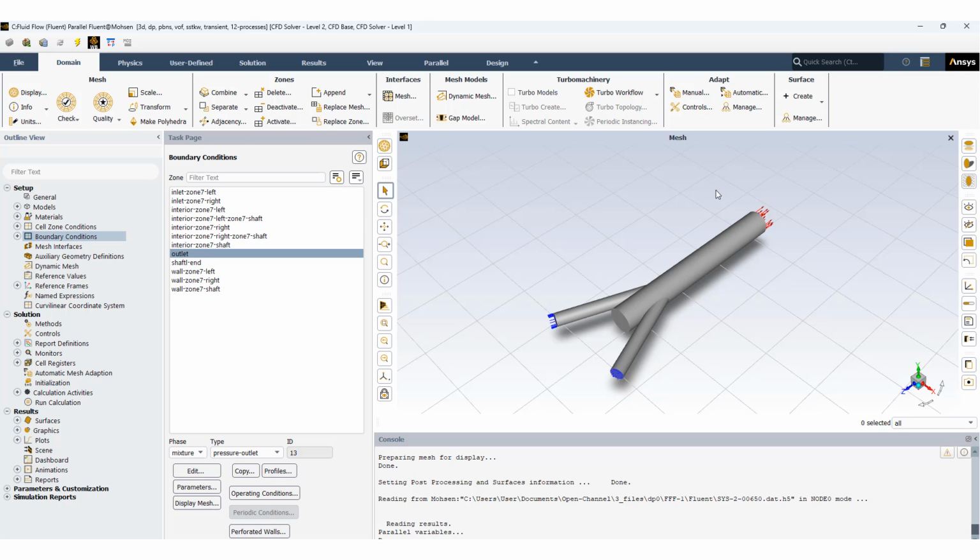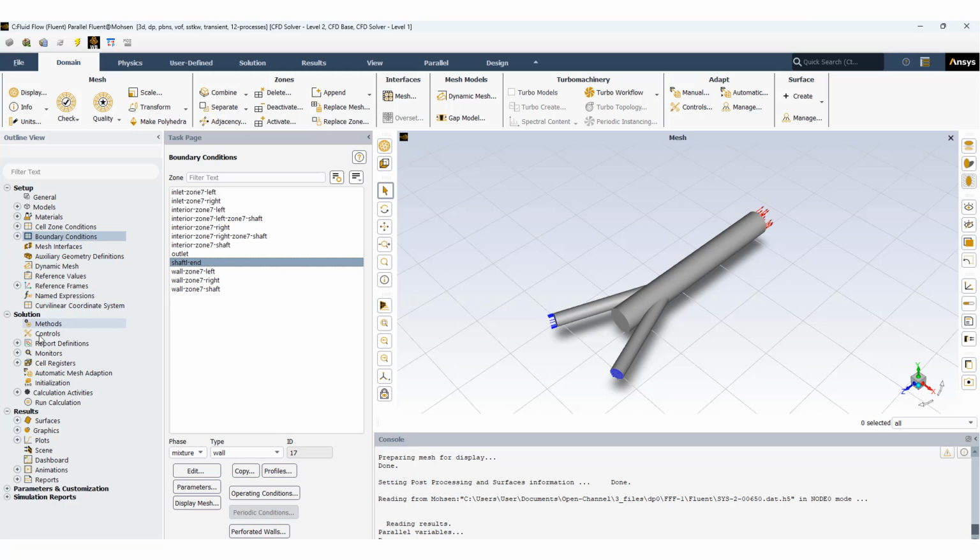But here we have walls everywhere, all around the water and air, for the smaller branches, tubes, and the main tube here.